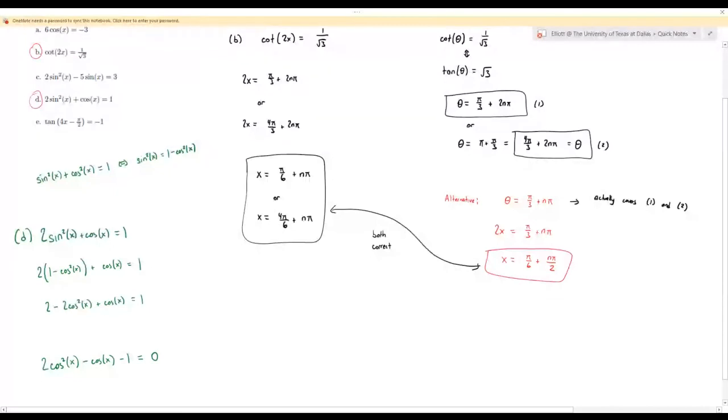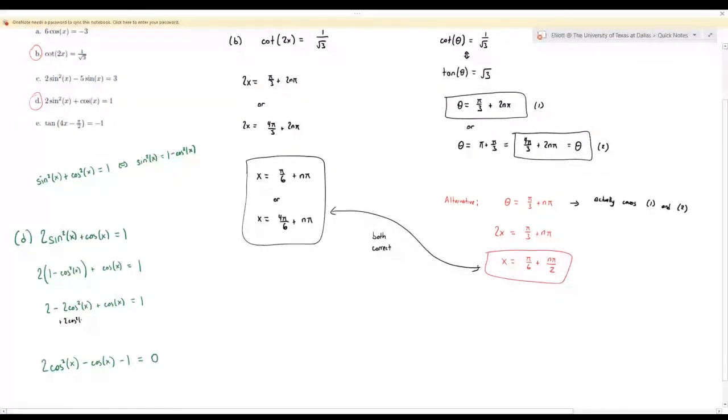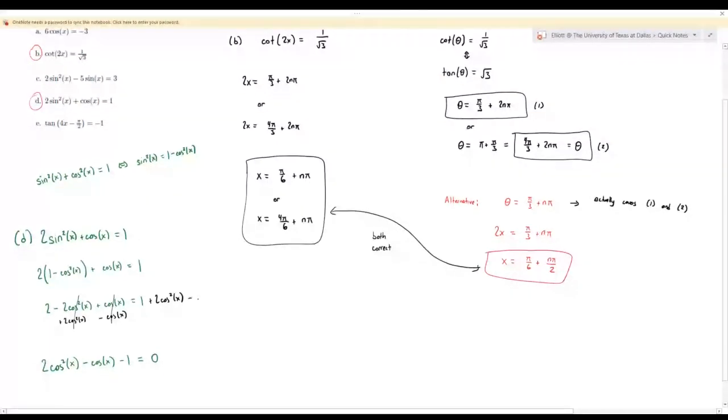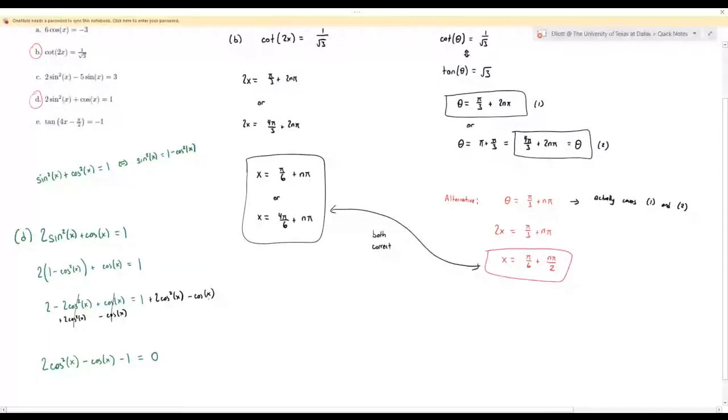Let me see here. So what I was doing was thinking of adding 2 cosine squared to both sides. And then I was thinking of subtracting cosine x from both sides. And then I was also going to subtract 2 from both sides.